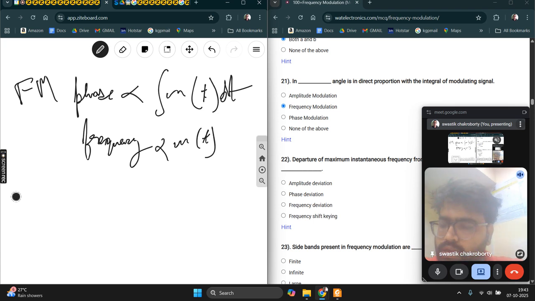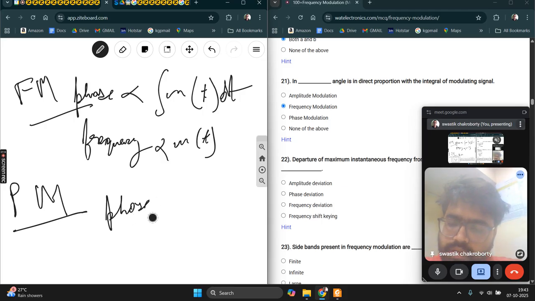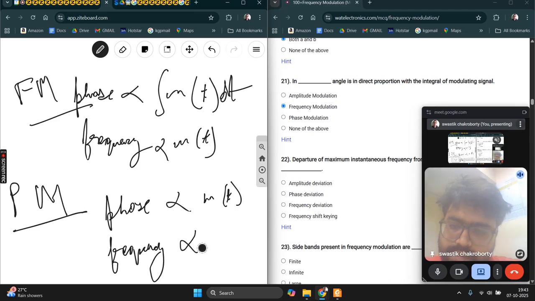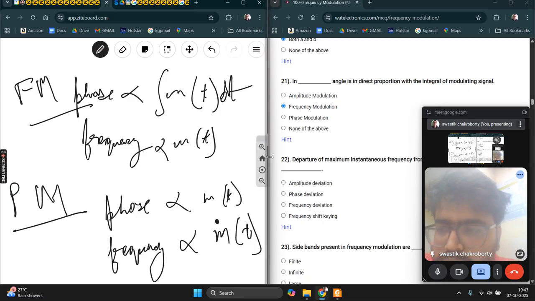Whereas in PM, or phase modulation, phase varies with the message signal directly, whereas the frequency varies as the derivative of the message signal. So if it is varying with the integral, then it will be frequency modulation.